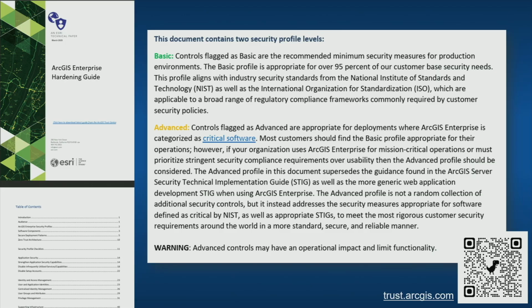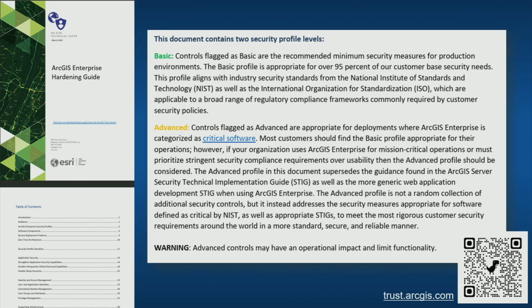The Hardening Guide is based on two profiles, two levels, basic and advanced. The basic set of controls are low operational or no operational impact. They are high security impact. So it's like best bang for your buck.